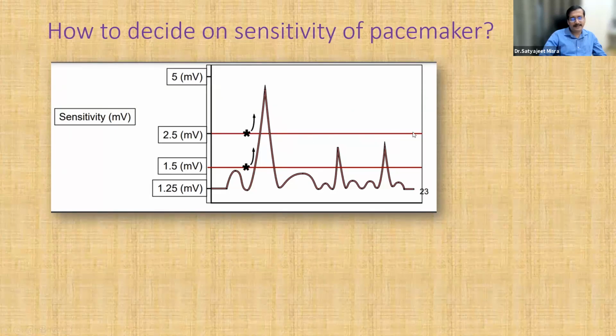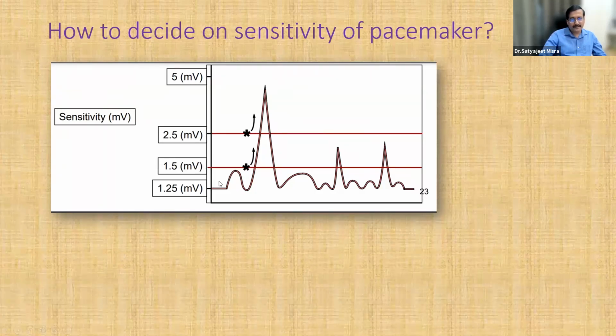That means I'm telling the pacemaker that if the electrical impulses are more than 2.5 millivolts for the QRS complex, only then detect it and inhibit pacing. So I'm telling the pacemaker to ignore these QRS complexes which fall below this bar of 2.5 millivolts. So even if the patient is having these inherent electrical impulses, the pacemaker fails to recognize them because I've set the sensitivity too high.